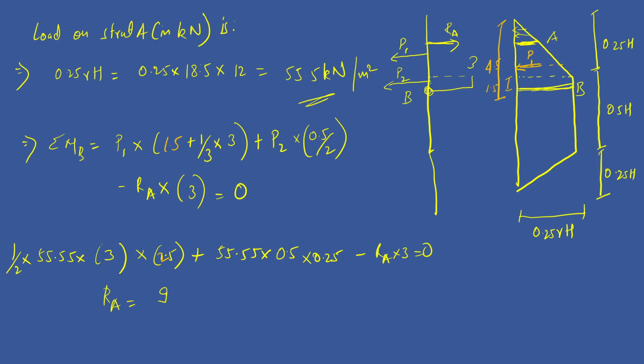Let me see, 0.5 into 55.5 into 3. There is also a small mistake in the 55.5; check it. After that it is 1.5 into 1.5 by 2, not 0.5. Both you can modify, sir. That is 1.5. Okay, small error.